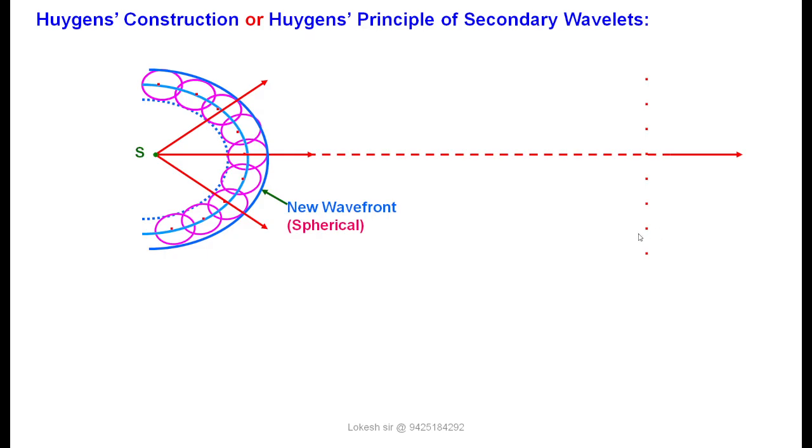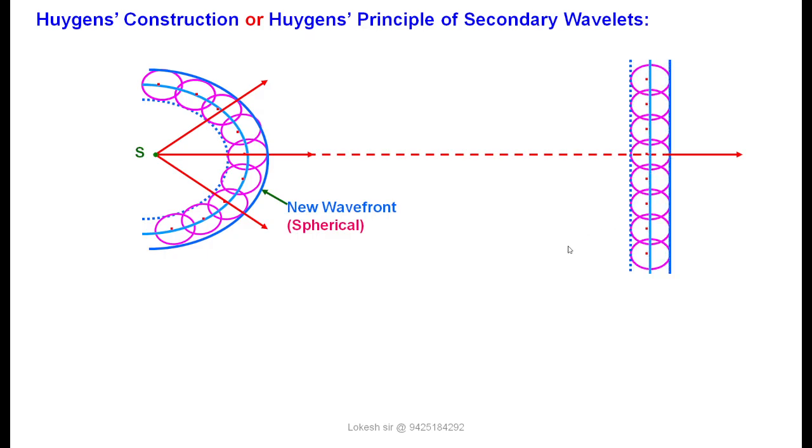Yes or no? They look parallel. The rays coming from infinity become parallel. So these wavelets become a straight line. Now this is the formation of a plane wavefront. Understood? For a very large distance, this wavefront becomes a plane wavefront. Clear? So the red dots on the wavefront are called wavelets.